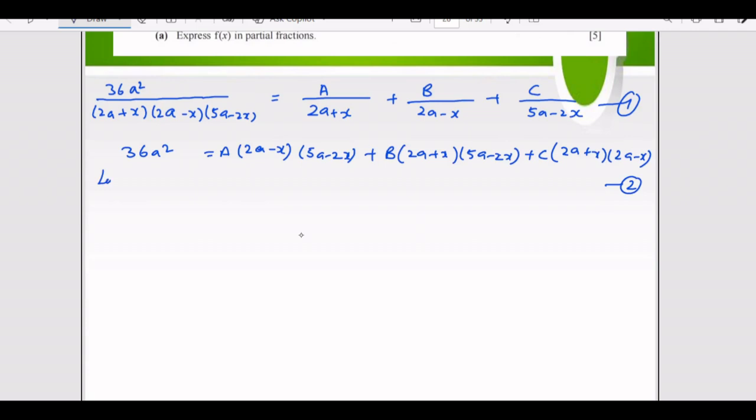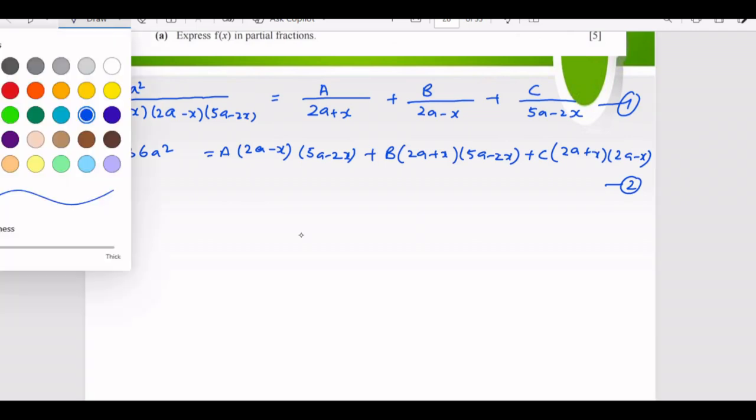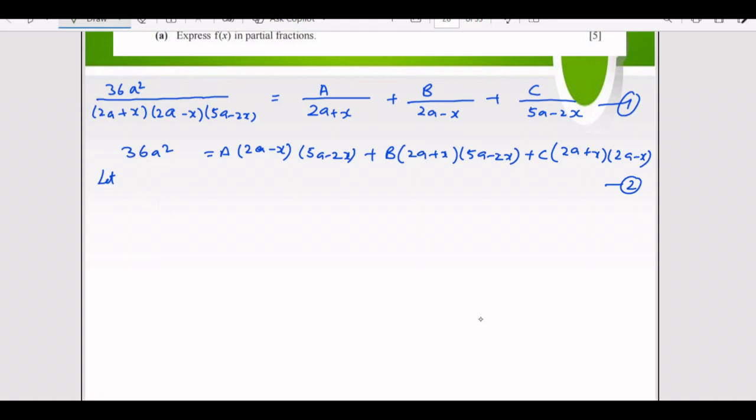First of all, if we want to make this term 0, that means x is supposed to be equal to 2a. So let's say x is equal to 2a, then what will happen? The 36a squared remains as it is, and the A term is going to become 0.